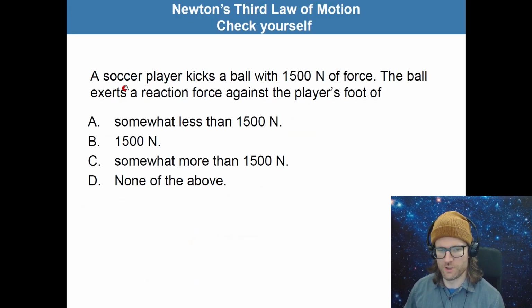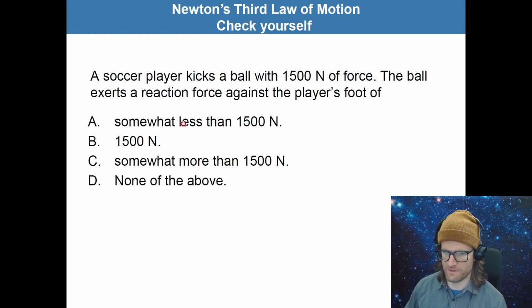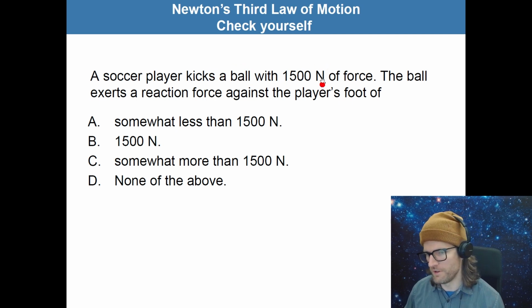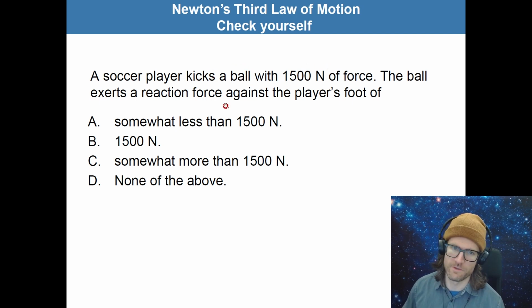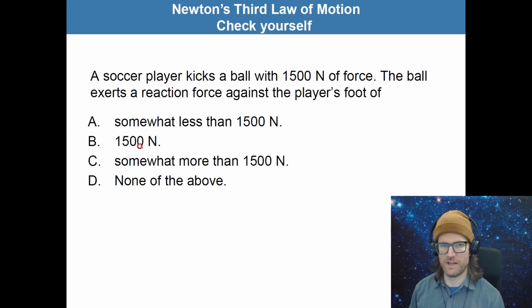A soccer player kicks a ball with 1,500 newtons of force. The ball exerts a reaction force against the player's foot of... we know they're equal and opposite on two different objects. So the player exerts a force on the ball with 1,500 newtons. That means the ball has to exert 1,500 newtons on the player in the opposite direction. So it's got to be 1,500. Same magnitude.